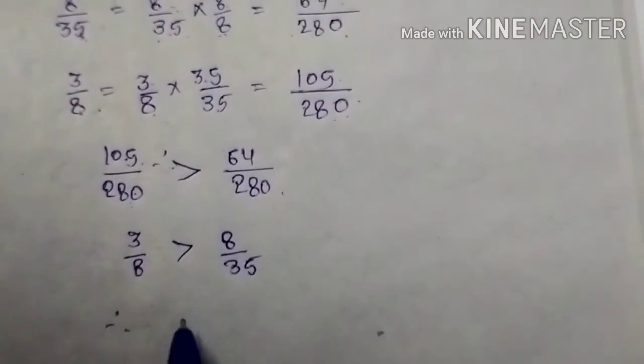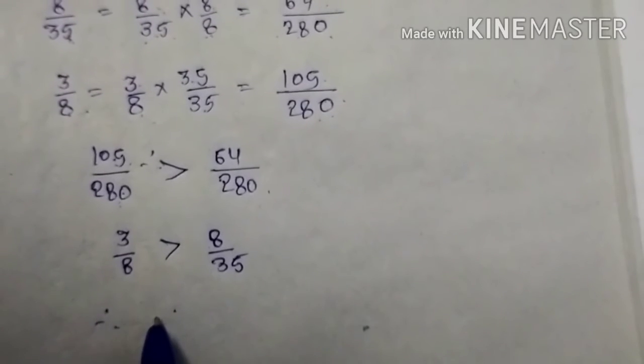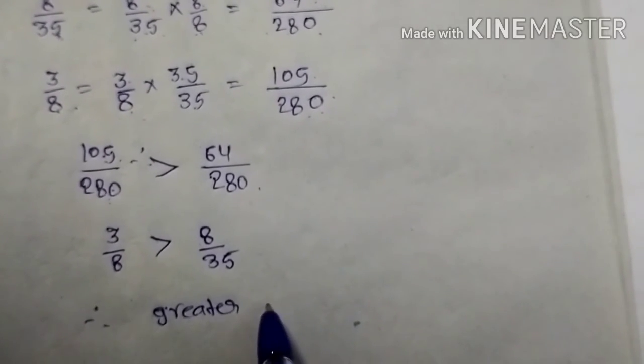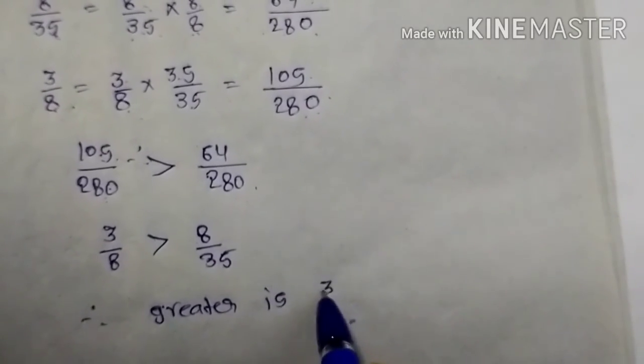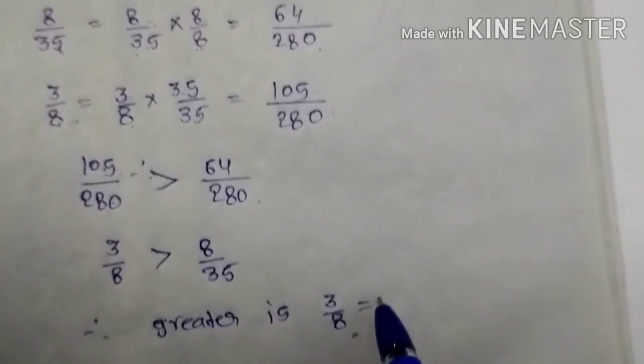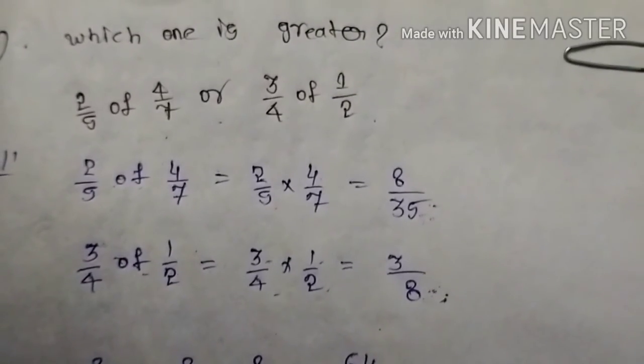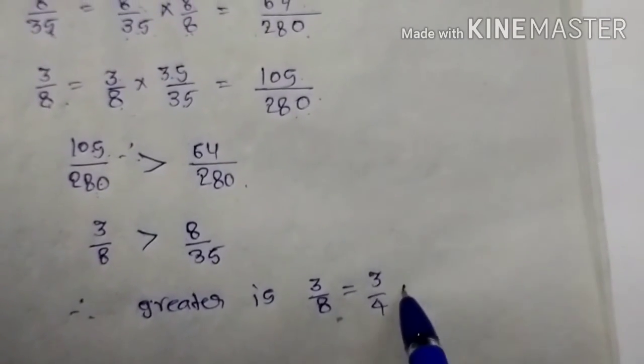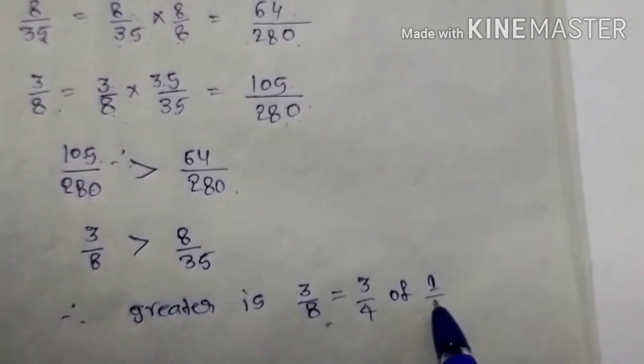Therefore, you can write here, greater fraction. Greater is 3 by 8. 3 by 8 means 3 by 4 of 1 by 2.